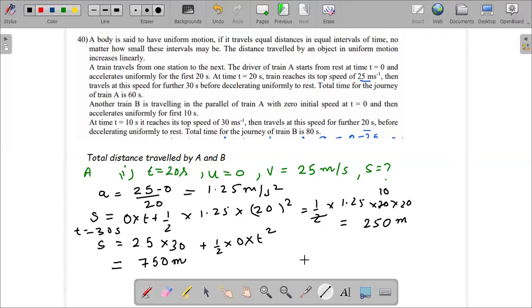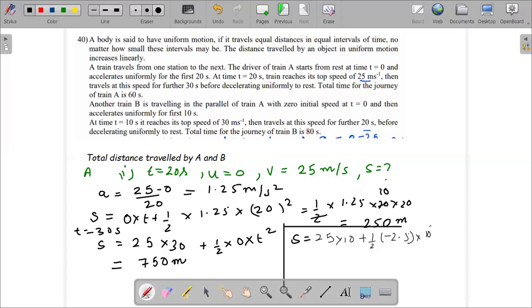So for the third part of the journey, again we start in the same way. Now the initial velocity is 25. Okay, so we obtain S equals initial velocity u, which is 25, multiplied with t, which is 10, plus 1 by 2 multiplied with acceleration. So the deceleration we obtained in the last part, which was minus 2.5, multiplied with t squared.